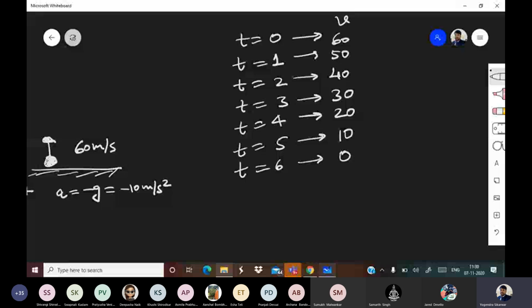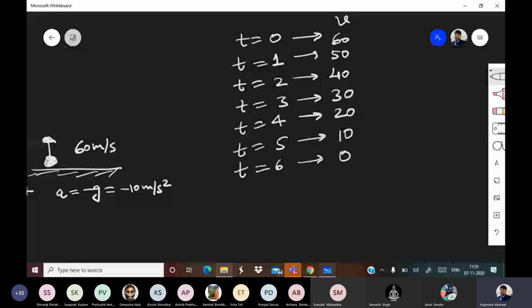Are you getting it? So in your mind only, you have done multiple calculations simultaneously. Number 1, you have got t up, which is 6 seconds. Number 2, if somebody asks you how much will be velocity after 1 second, it is 50. After 2 seconds, it is 40. After 3 seconds, 30. After 4 seconds, 20.